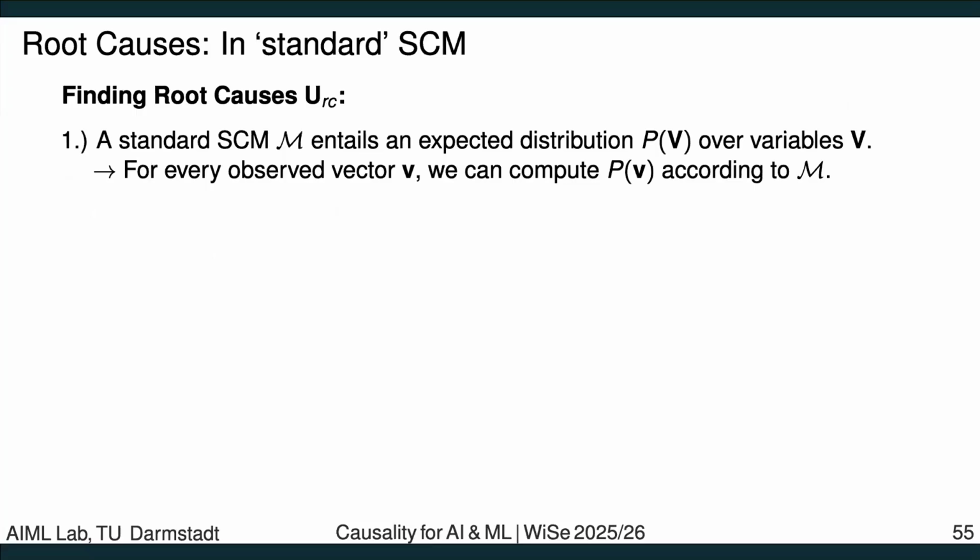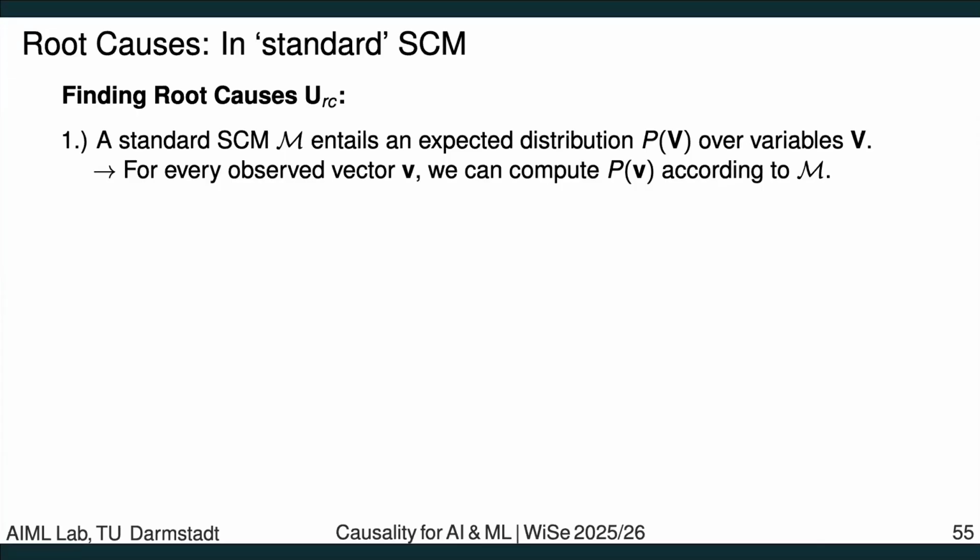This is again in the notation of standard SEMs, but really it doesn't matter that much. Basically, if we already have a causal model, we are kind of lucky because causal models already tell us what to expect in terms of distributions, joint distributions and also conditional distributions of our variables.